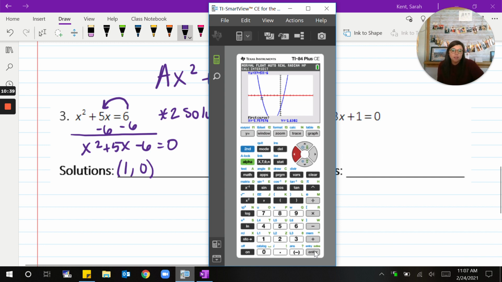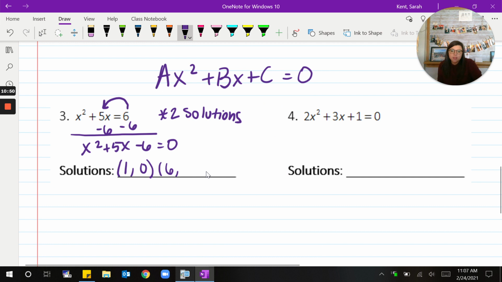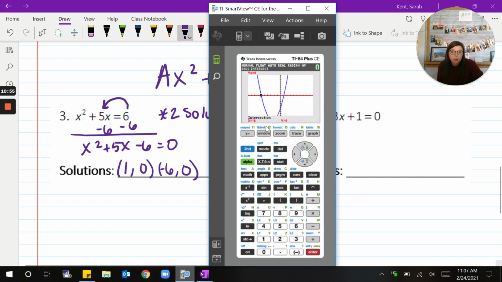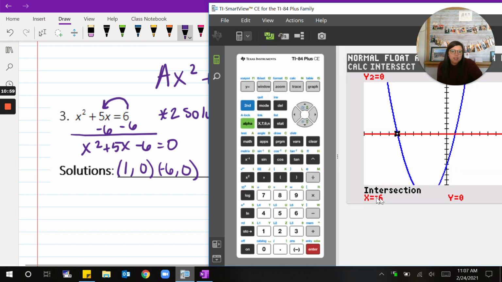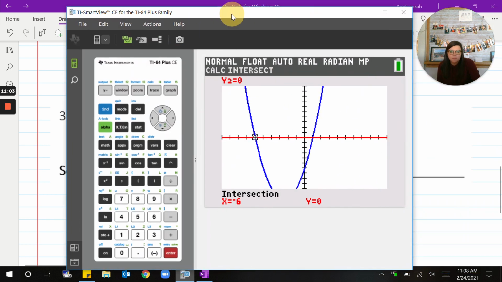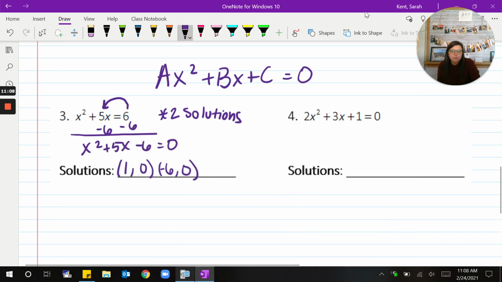And I can press enter, enter, enter, and get answer number 2. Here it's x equals -6, y equals 0. So answer number 2 will be -6, 0. It's kind of hard to see. If I make this bigger here, you can see that x is -6, y is 0. And those are the 2 points where it crosses. And these are our answers.